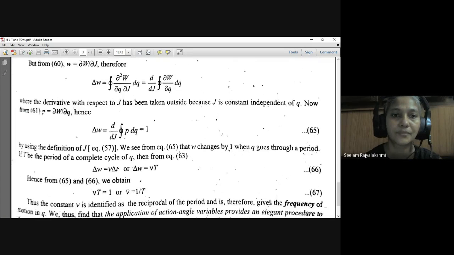By using the definition of J from 57, we see from equation 65 that omega changes by 1 when q goes through a period.